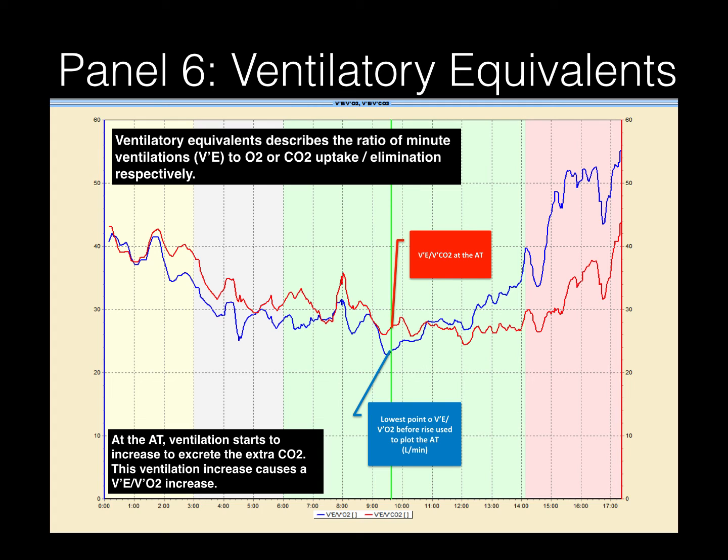So when we graph their ratio, the VE to VCO2, they appear as a flat line. However, of course, the ventilatory equivalent for oxygen is different. The minute ventilation has risen to get rid of extra CO2. So if we graph the VE divided by the VO2, that line appears to rise.